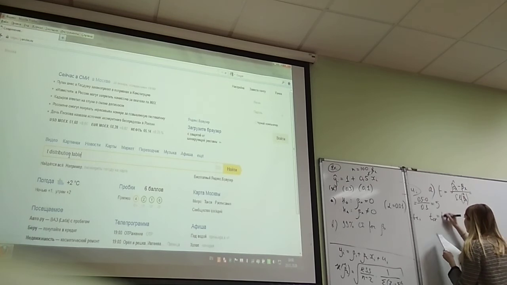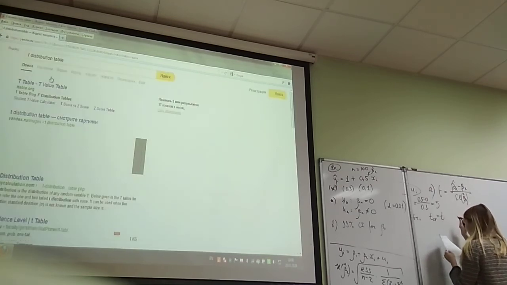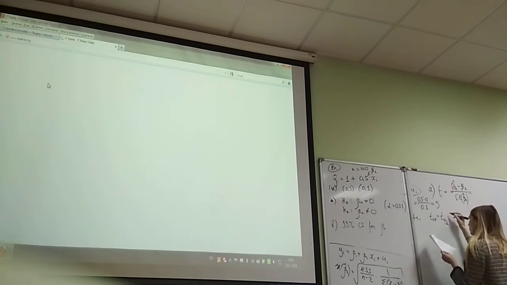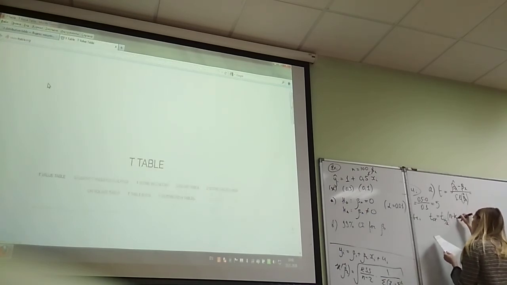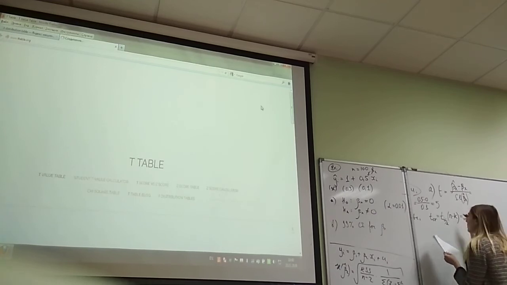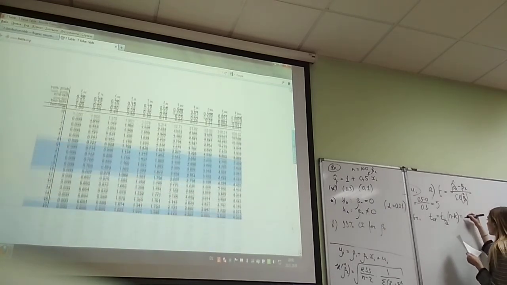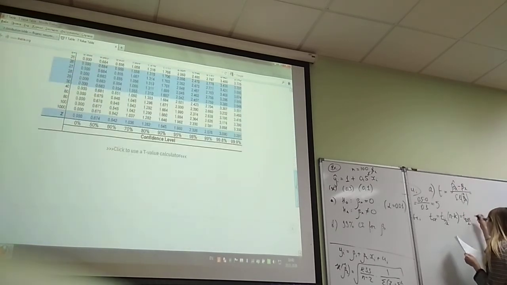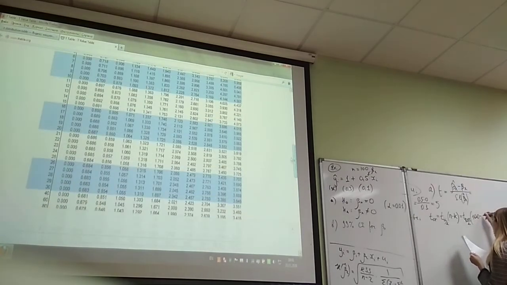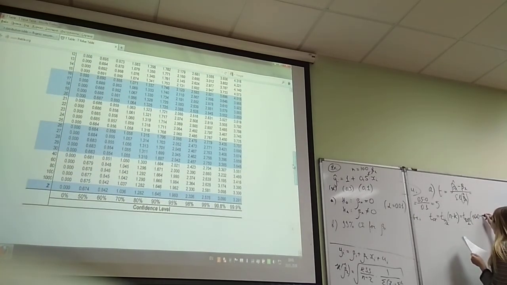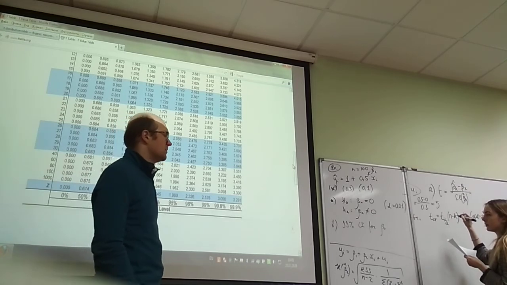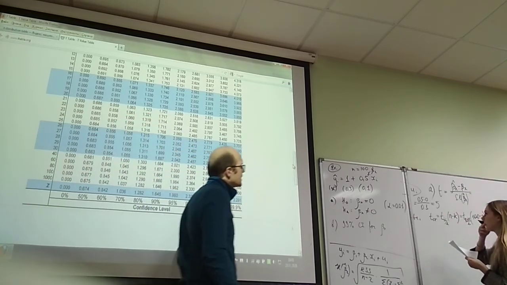Okay, table. And it is T alpha divided by 2 and n minus K, right? In our case we have 2 betas. It depends on the notation, and it's not standardized.